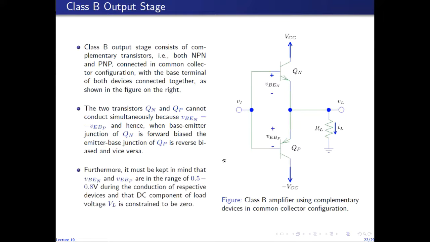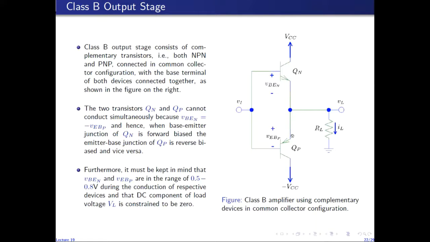It must also be kept in mind that in order to forward bias the base emitter junction, let's say for QN, the base emitter voltage of QN should be at least about 0.5 volts.